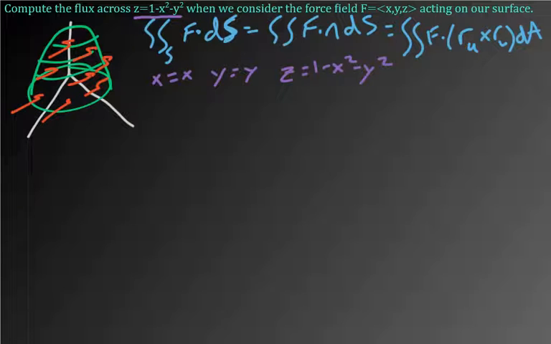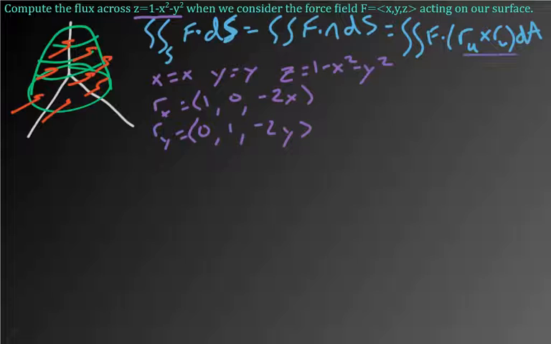Then I can do r with respect to x and get 1, 0, minus 2x. r with respect to y is 0, 1, these are vectors, and then minus 2y.